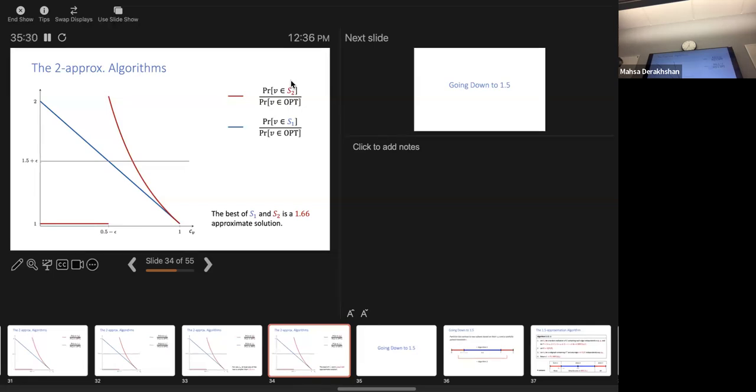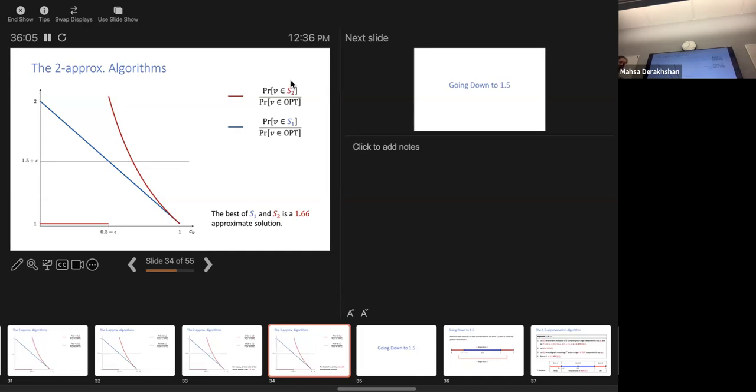So if we run the best of these 2 algorithms, it gives us 1.66, but that's still not ideal. You want to go down to 1.5. Okay. And how do you get this quantity, 1.66? You just do the math. But it's clear how you can get 1.75, right? Let's say you hold a weighted vote and ask the vertices which algorithm they prefer, right?